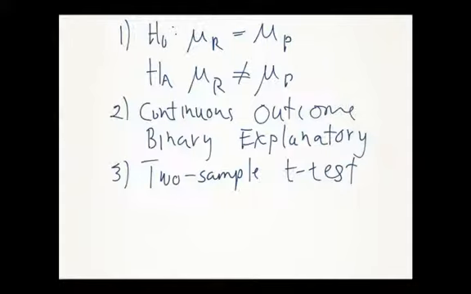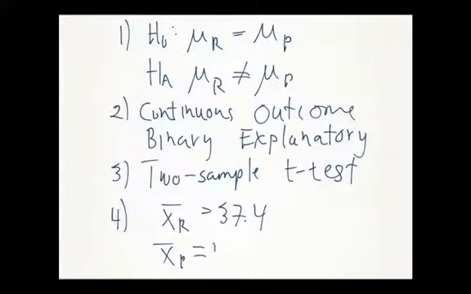Then we get our sample quantities from our data set, and it turns out that x bar in the relapsing group is 37.4, and x bar in the progressive group is 44.3. So they're different, but I don't know yet if they're statistically significantly different relative to their variability.